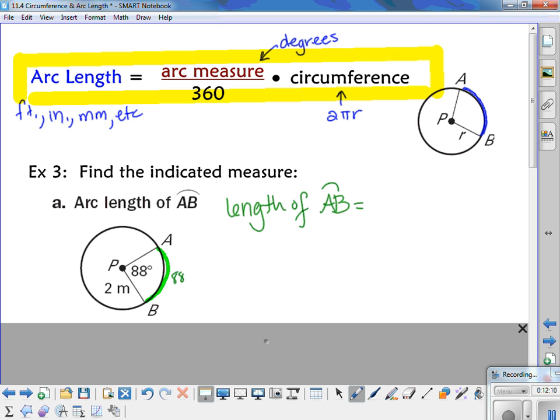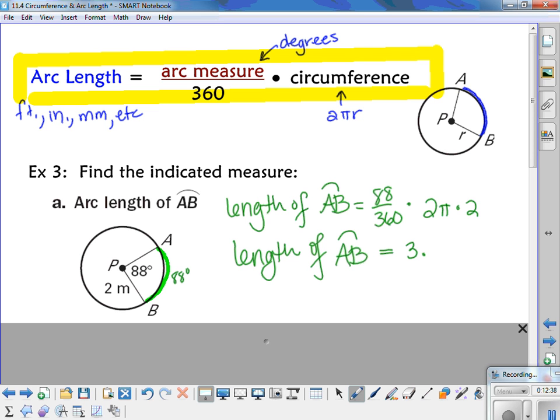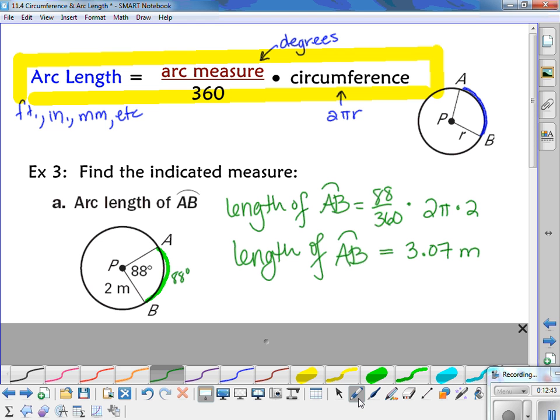I've got 88 degrees out of a possible 360. So 88 over 360 times the circumference, 2 pi r, so 2 pi times a radius of 2. And so if you put that into your calculator, the length of AB, you do 88 divided by 360 times 2 pi times 2, and you should come up with approximately 3.07 meters. So punch that in your calculator, make sure you're getting the same answer that I am.